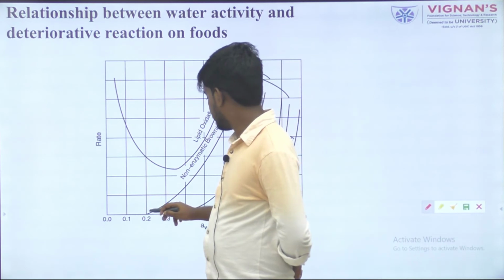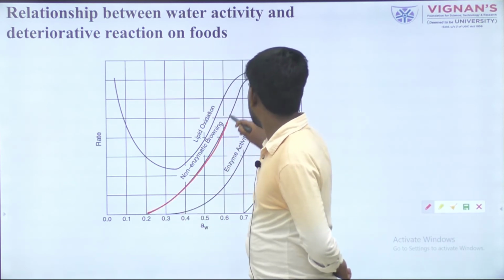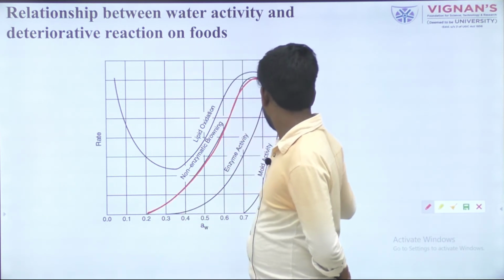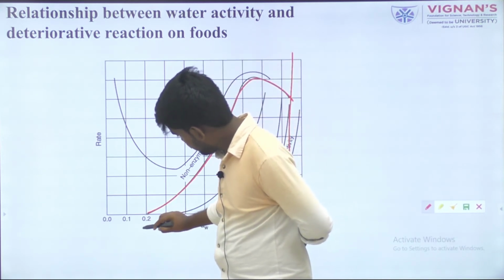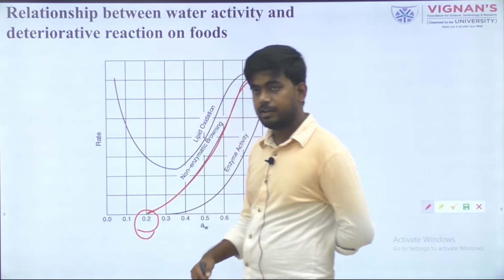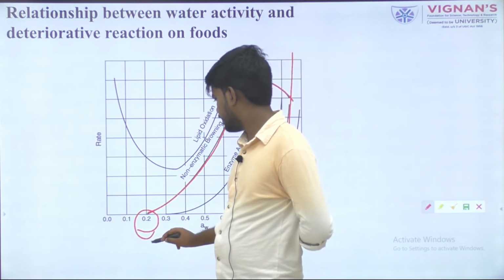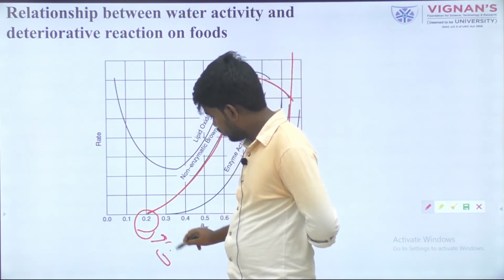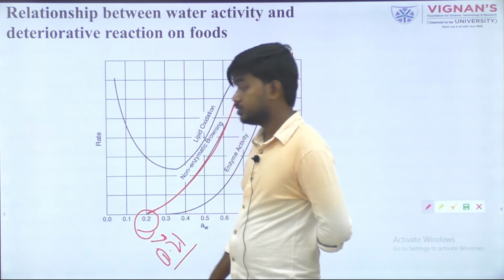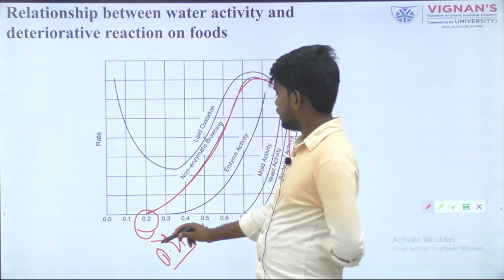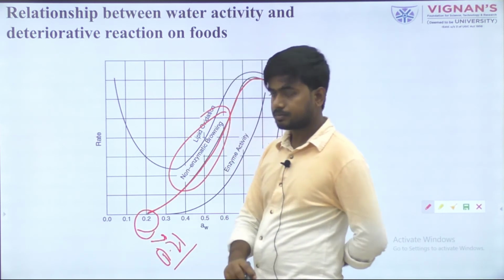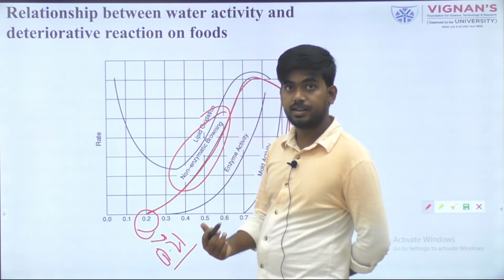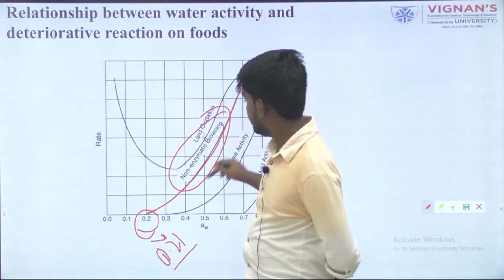And then the next one is non-enzymatic browning. If any material has water activity greater than 0.2, deterioration also takes place, maybe non-enzymatic browning, meaning the Maillard reaction takes place in that process.